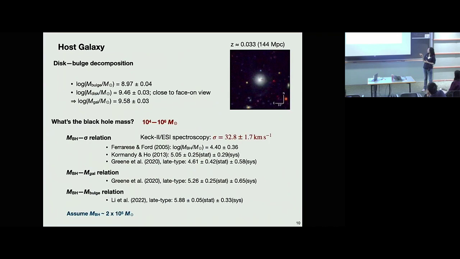So one thing that I'm sure is that it's definitely on the lower end of the M_BH distribution of TDEs, somewhere between 10^4 and 10^6 solar masses. In the remainder of this talk, I will sometimes adopt a somewhat intermediate value of 2×10^5 solar masses. But we should bear in mind that there is this uncertainty in M_BH here.